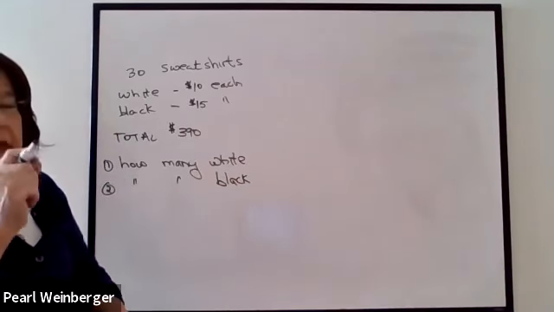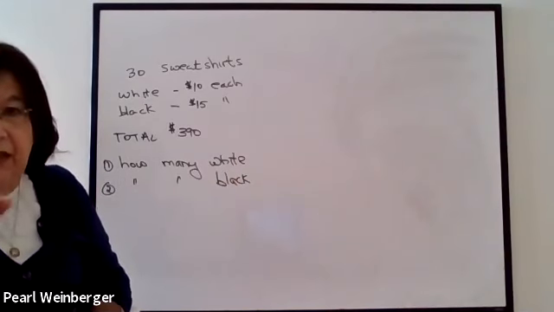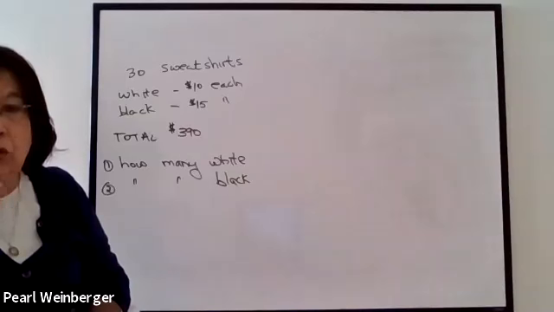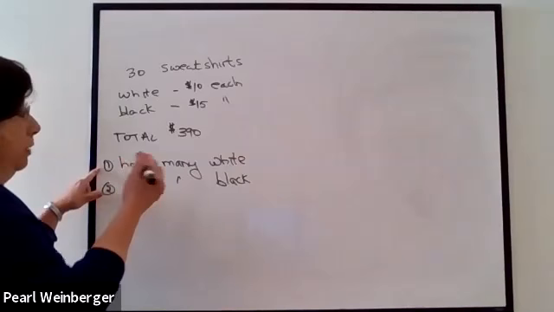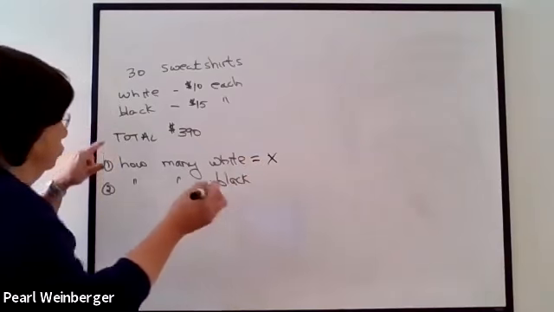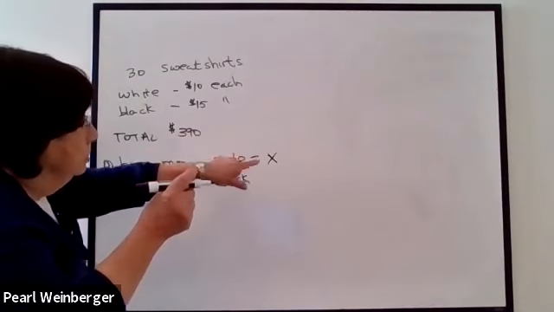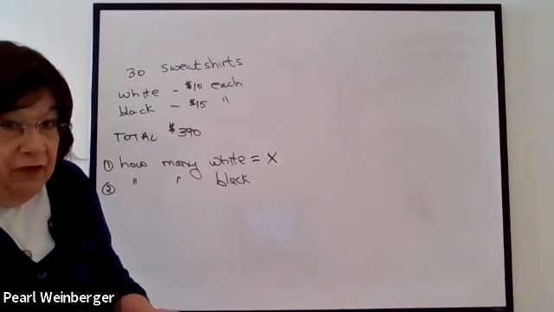Now, if you write down what you're interested in finding, that'll right away tell you what you should use for your variables. The first thing we're looking for is how many white shirts. Let's call that X. Now remember, there's two things that can be involved with the white shirts.